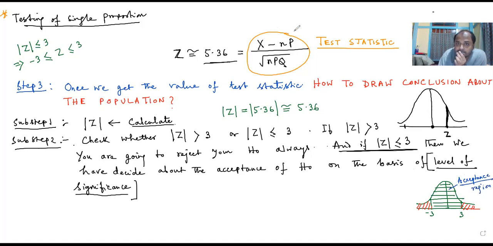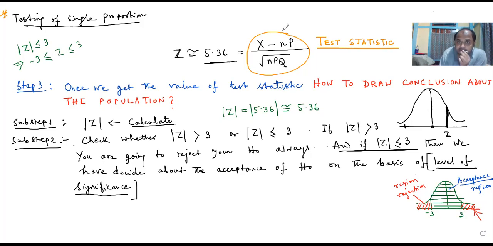The region which I marked by red color is called rejection region, or region of rejection. Similarly, this region of rejection is also sometimes called critical region. So when mod Z is greater than 3, that means your data is falling inside the critical region, and therefore you are going to reject your null hypothesis straightforward, which is what is happening in this particular case.